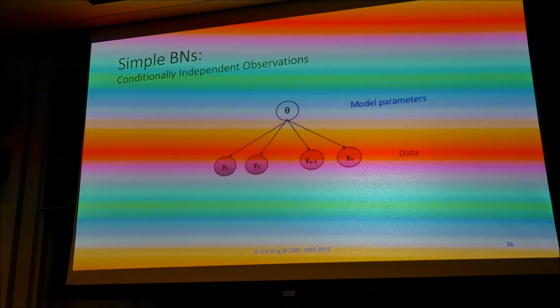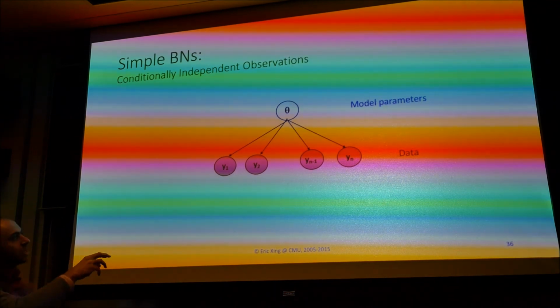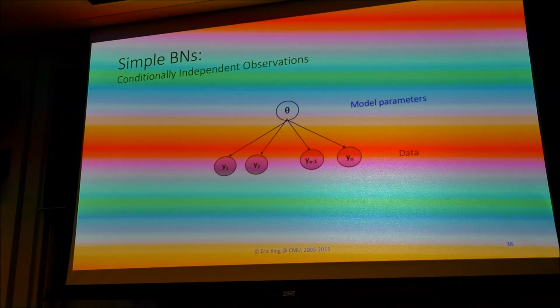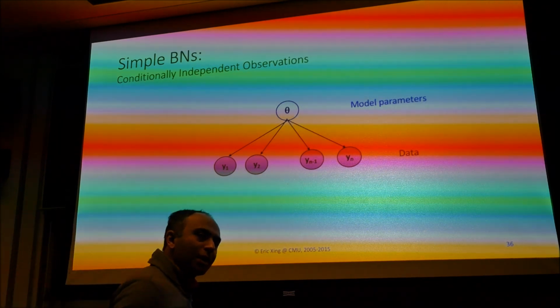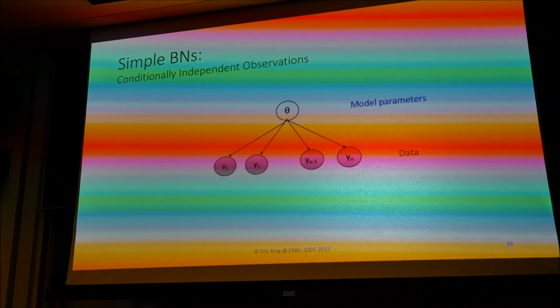You can also view a parameter as a random variable. This might be a little bit advanced, but let me give you an example. Do we have any statisticians in the audience? Yes. What do you think?